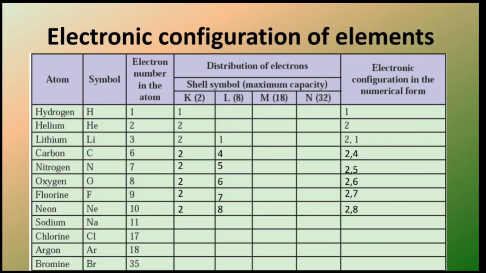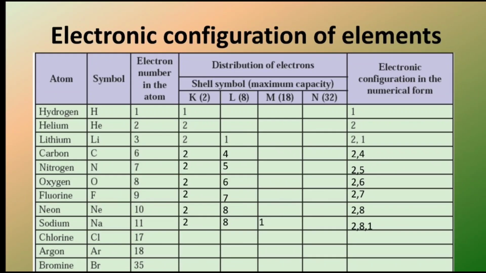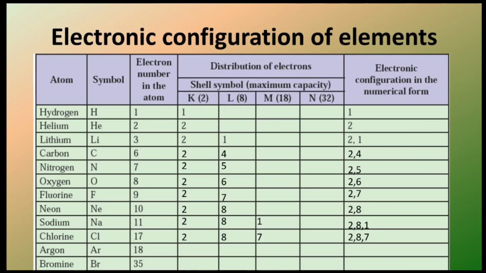In sodium, atomic number 11, it will be 2, 8 and 1. So, electronic configuration will be 2, 8, 1. Then chlorine atom, its atomic number is 17. First shell will contain 2 electrons and 8 electrons will get occupied in the L shell and the remaining 7 electrons will be in the M shell.